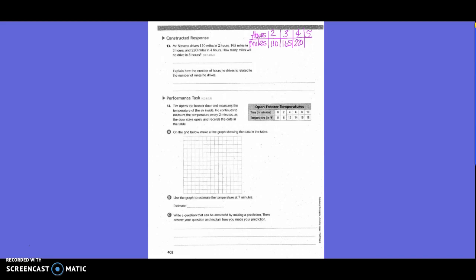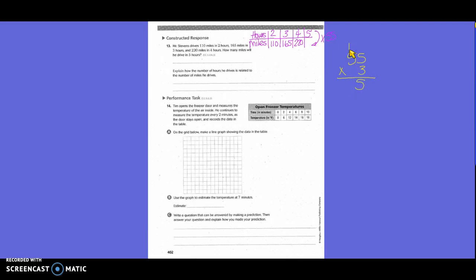So how do we get from here to here? Okay, so how do we get to 110? You multiplied by 55, right? And then let's look over here and see if that works. 55 times 3. What's 5 times 3? 15.